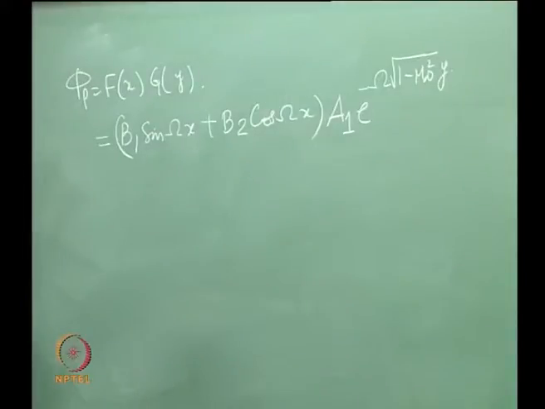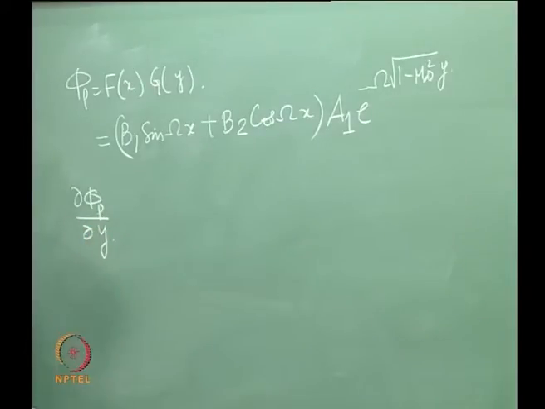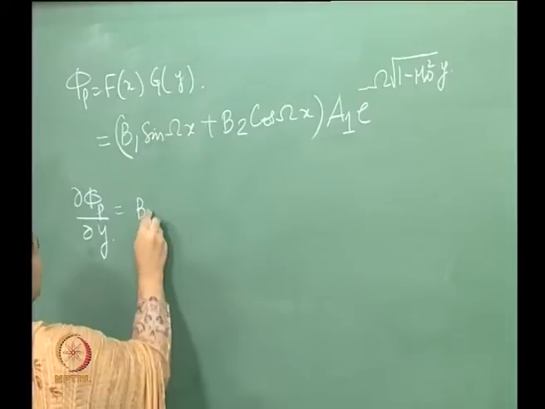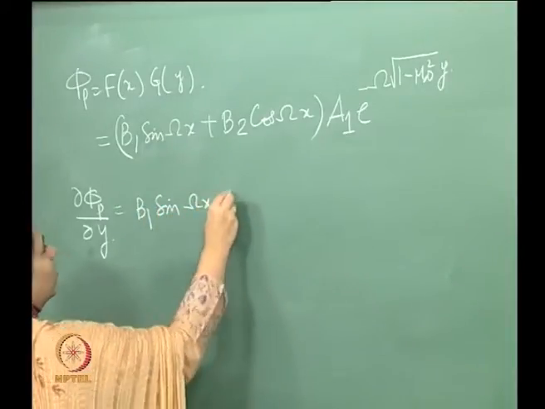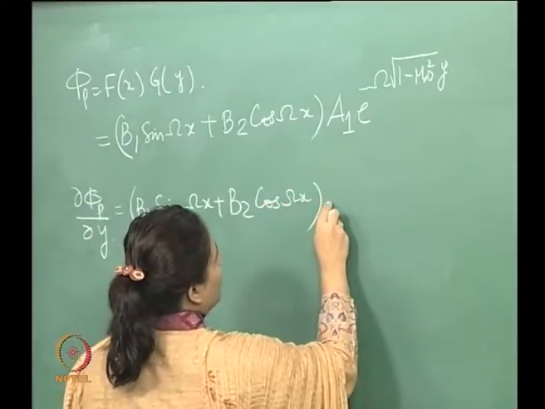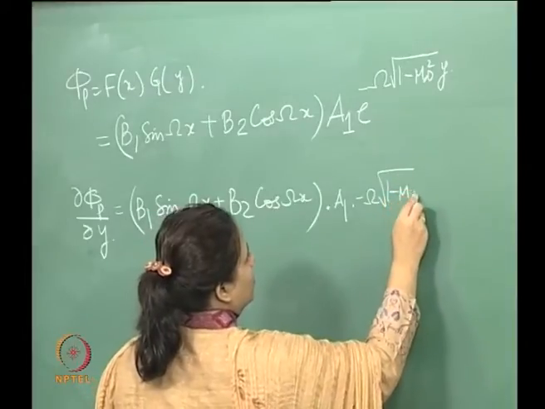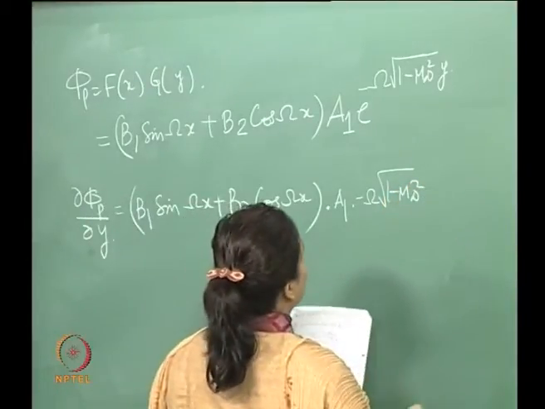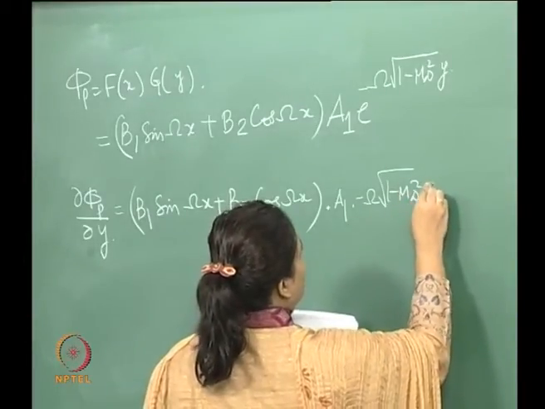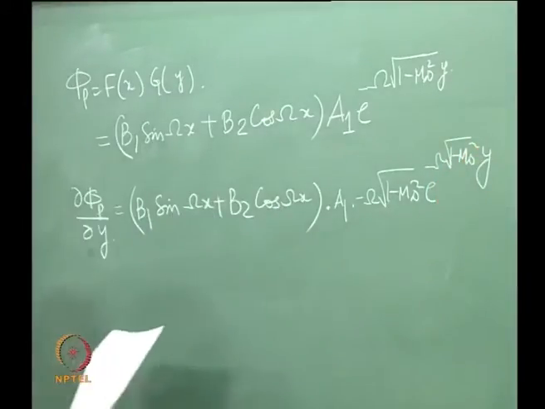So, now what we will do here is that we will find out del phi p by del y. If I do that from here, what I get is, this doesn't change, so I get A1 into this, into y.